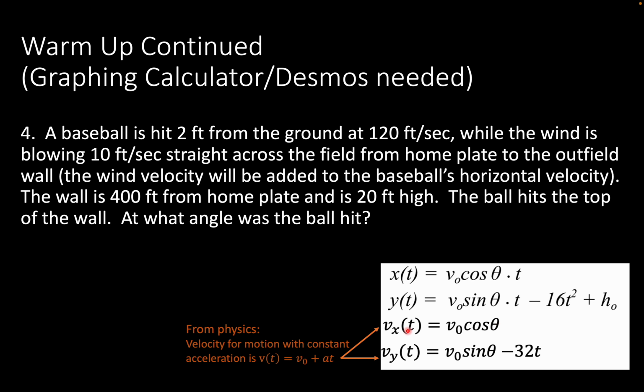On the other hand, for the vertical velocity, we will find that as v0 sine theta, subtract 32t, which is my acceleration times time. Give this problem a try. Keep in mind that the equation you will get will be a quadratic equation into which we will need to plug in an expression for time, so you will need Desmos or a graphing calculator to solve for the angle.